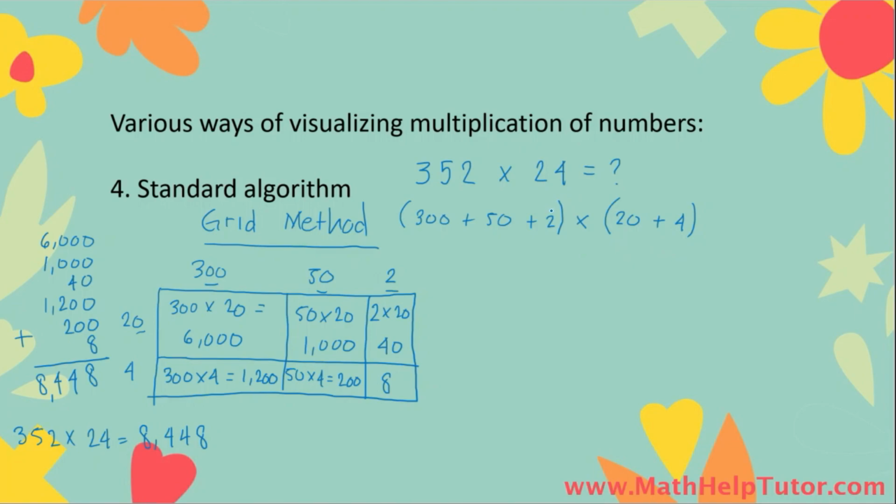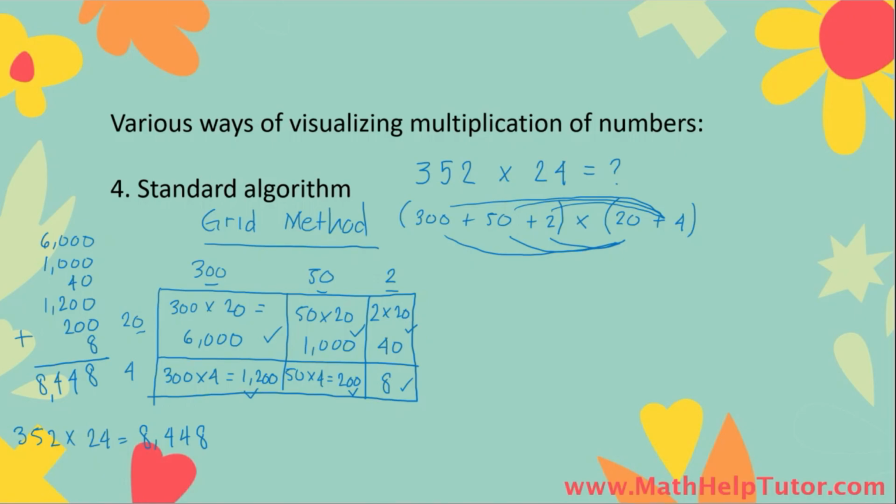So we have 2 times 4, which is this one, 50 times 4, which is this one, and then 300 times 4, which is this one, and then we also have 2 times 20, which is this one, 50 times 20, which is this one, and then 300 times 20, which is this one. And this is exactly what we do when we use the standard algorithm when multiplying numbers.